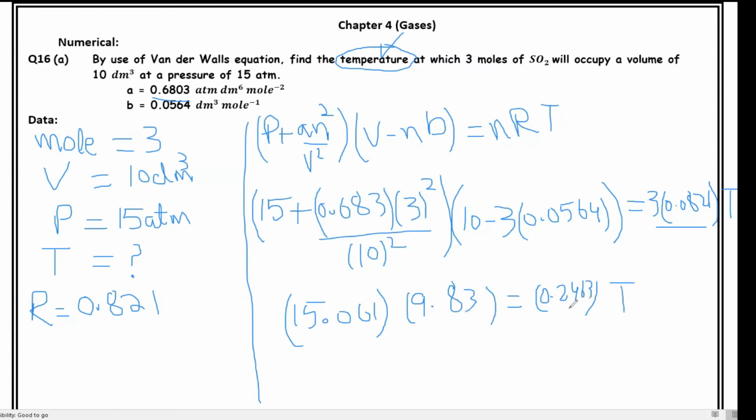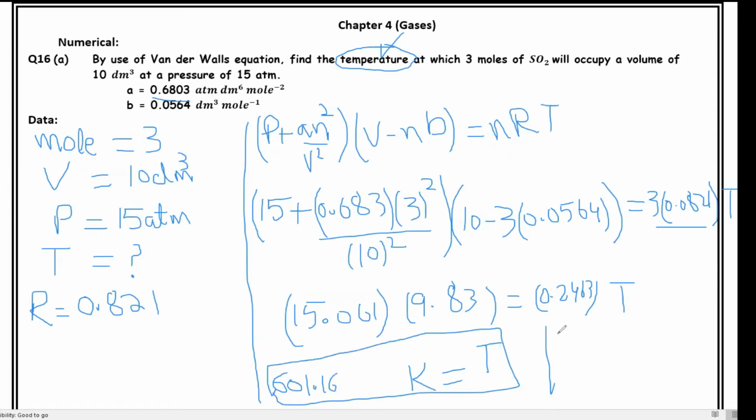Now dividing this value over there, the final answer for temperature in Kelvin scale is 601.16 Kelvins.